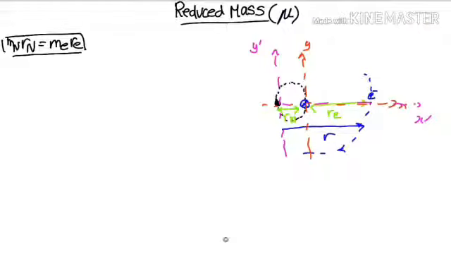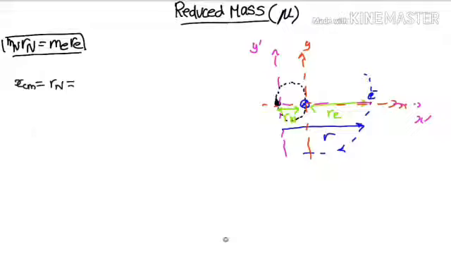Using this, x, which is the center of mass in the x-axis, is equal to Rn, Rn units from the origin of the new axis.